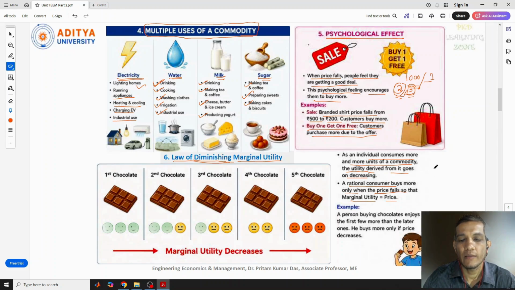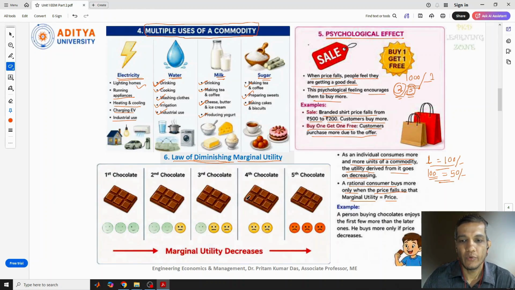Marginal utility is when you purchase only a single item, it may be 100 rupees. But when you purchase the same item in 100 units, the price may be reduced to 50 rupees. So this is the diminishing marginal utility.